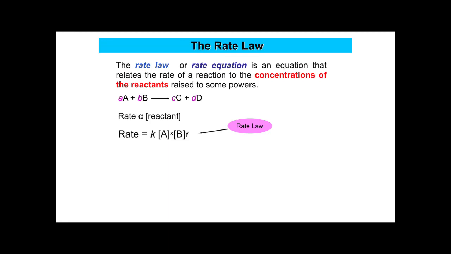For example, we have equation A plus B produce C plus D, where the rate is directly proportional to the concentration of reactant.